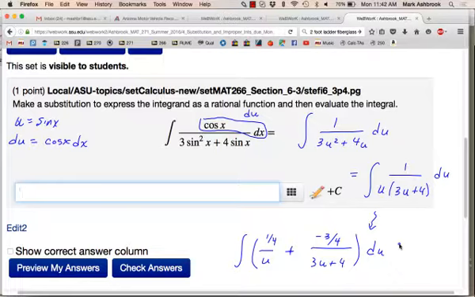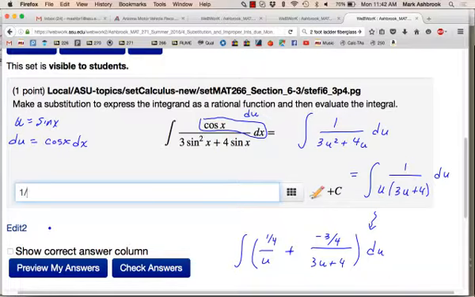So that when we work it out, we get this. And I think we're home free, right? So this is going to be 1/4 natural log of u, and u is sine x. And then negative 3/4, we'll need another 1/3, right? So it'll be negative 3/12, or negative 1/3. Just write it out here.